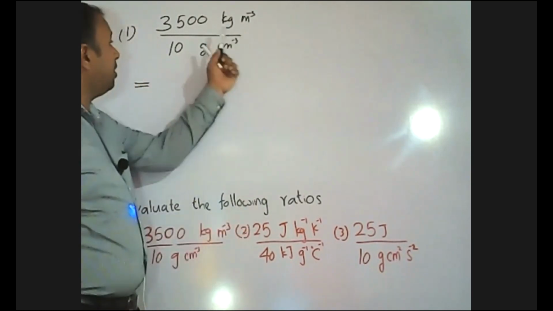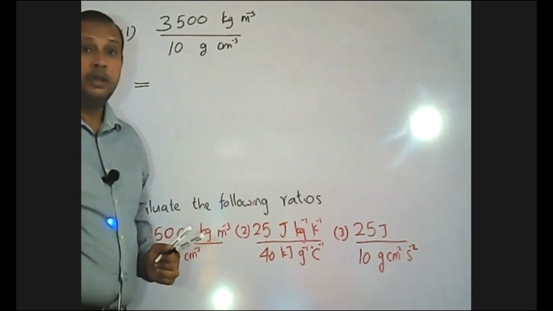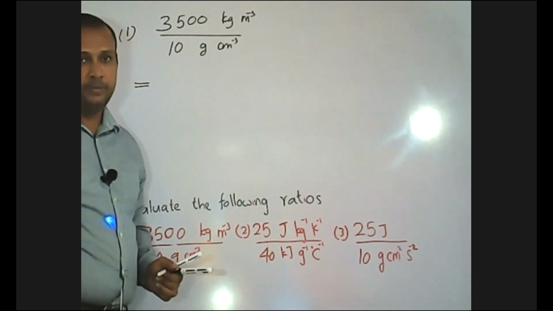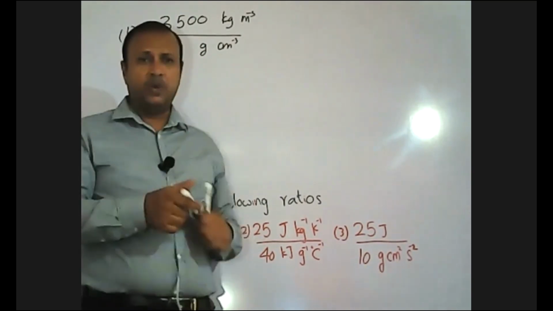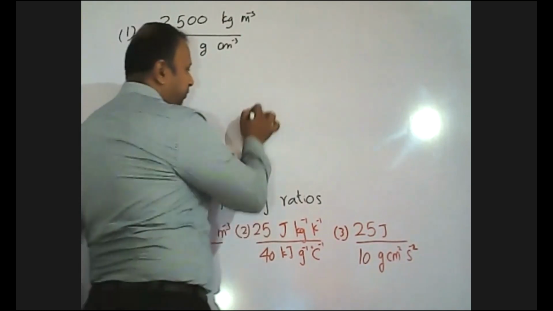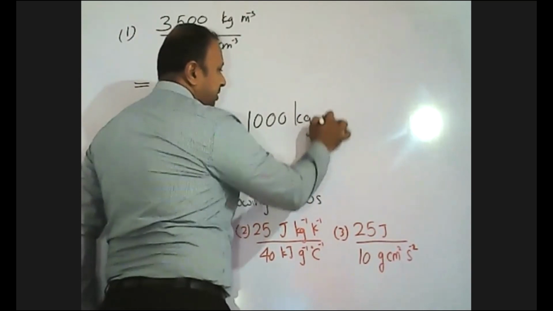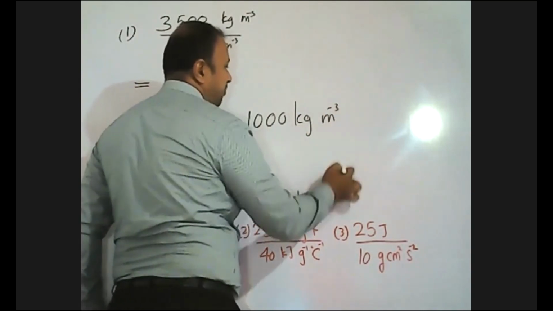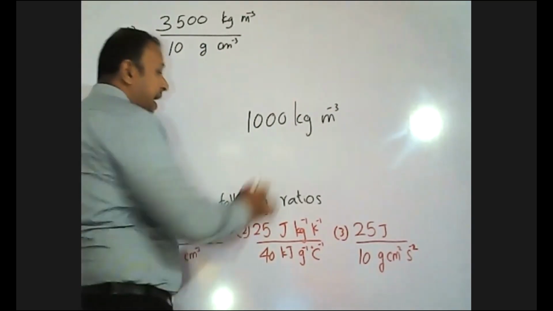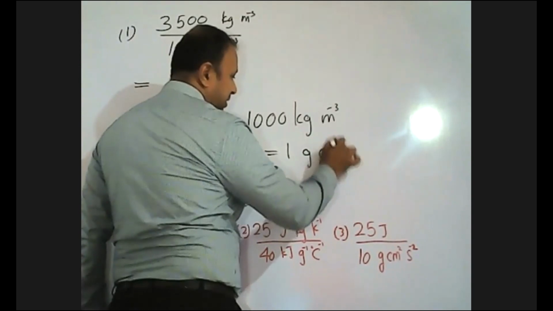If you want to convert kilogram per cubic meter into gram per cubic centimeter, you have to divide it by 1000. You can remember this because you know the density of water is equal to 1000 kg m-3, that means kilogram per cubic meter, and that is equal to 1 gram per cubic centimeter.